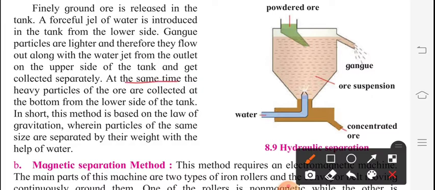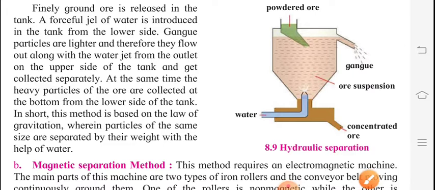At the same time, heavy particles of the ore are collected at the bottom, on the lower side of the tank. In short, this method is based on the law of gravitation. Obviously, heavier particles are coming down, and lighter particles are coming to the upper side with the help of pressurized water.